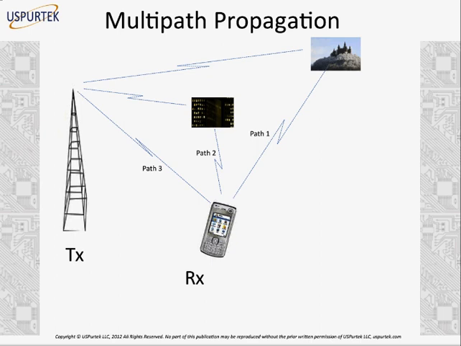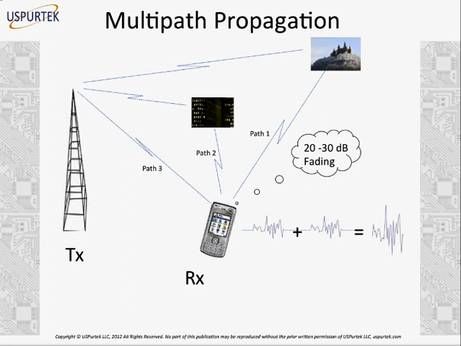These signals propagate along paths of different lengths and may arrive at the receiver with different amplitudes and phases. If the signals are in phase, they will add up. If they are 180 degrees out of phase, they will cancel out. So if they are in phase, they add to the signal strength, but if they are out of phase, you get no signal.